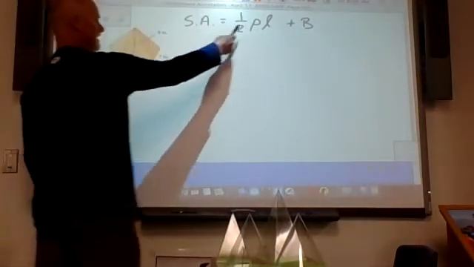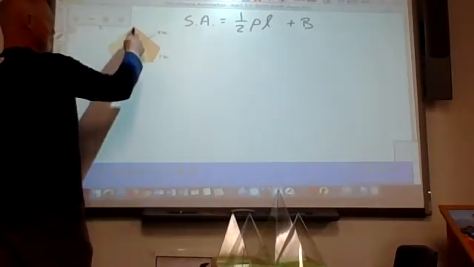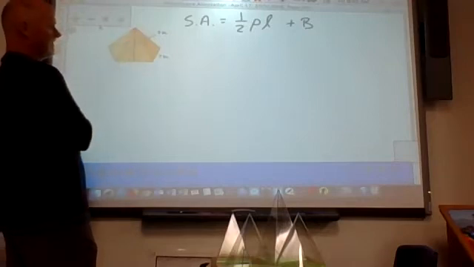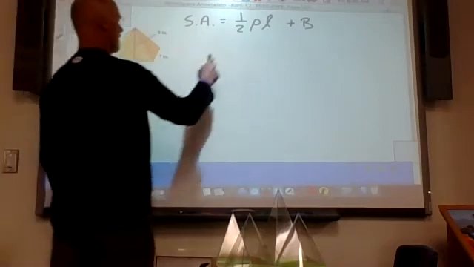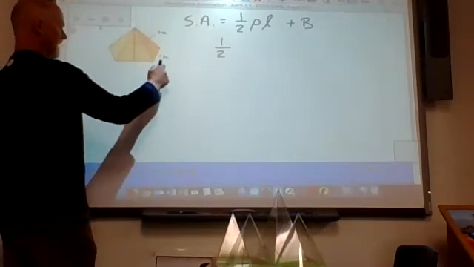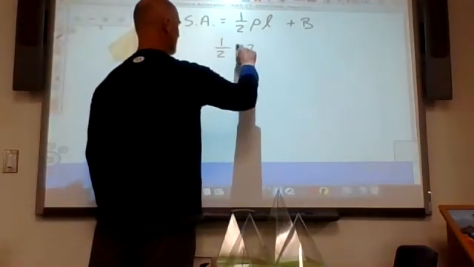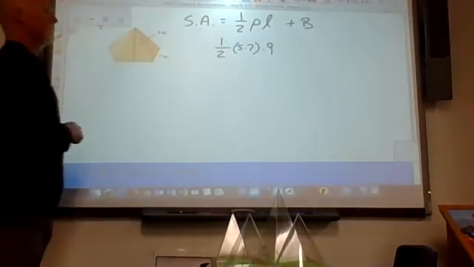Well, all I need is the perimeter of the base and the slant height. Well, this gives me the slant height. If you look at that picture, the dotted line is on the face of the triangle. It is not the height of the pyramid. So I'm simply going to go 1/2. Well, if it's 5 sides and 7 is one of the lengths, 5 times 7 for 35 times, and then 9 for the slant height.